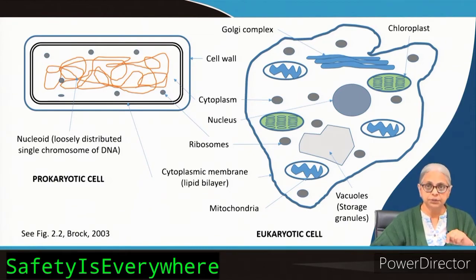They have extremely simple cell structures. They have a cell wall, and that's the outer layer. Within that they have what is called a cytoplasmic membrane or a plasma membrane, and that keeps all the cytoplasm inside the membrane. As I said, they have a loosely floating DNA strand.